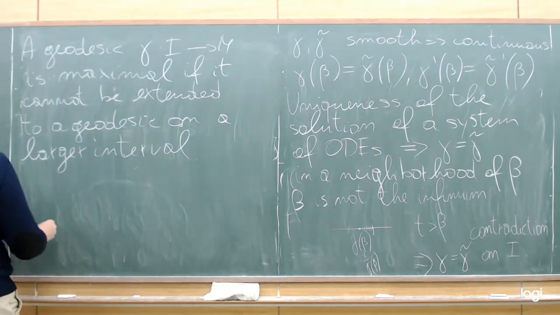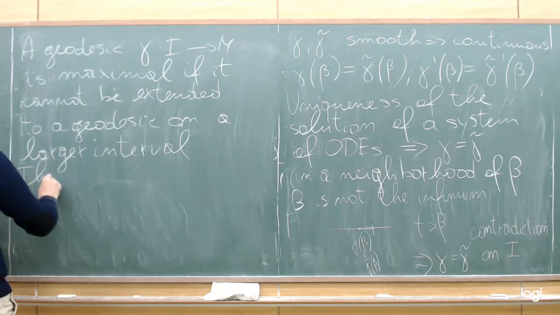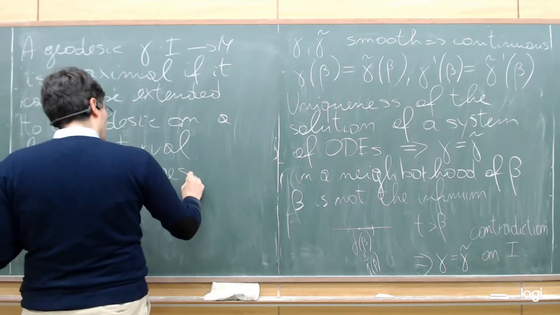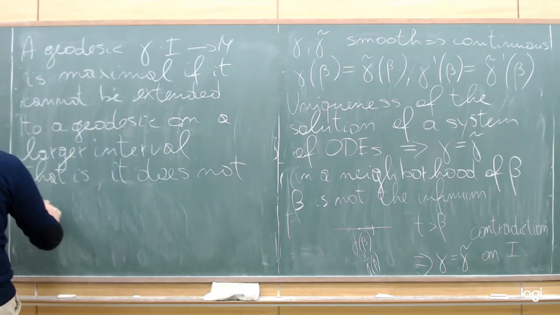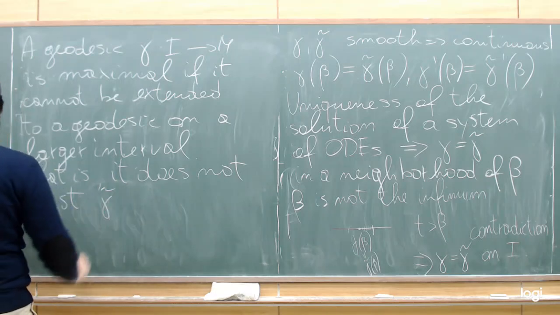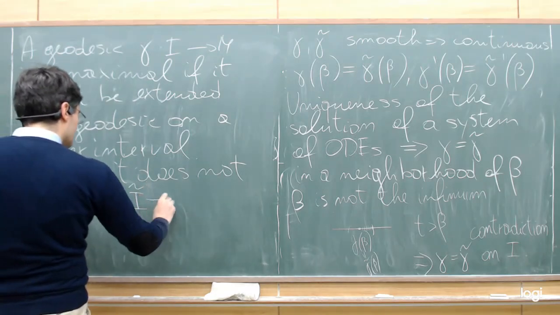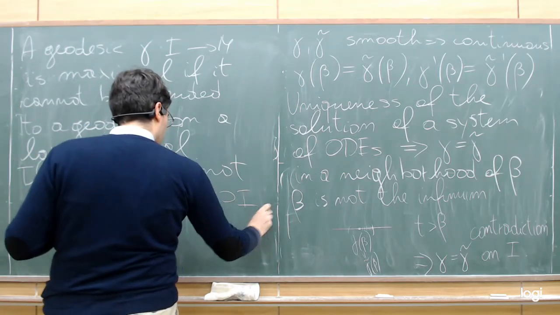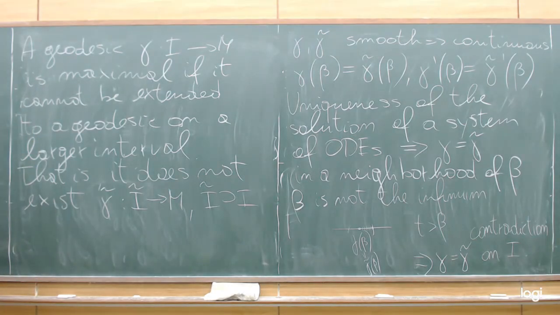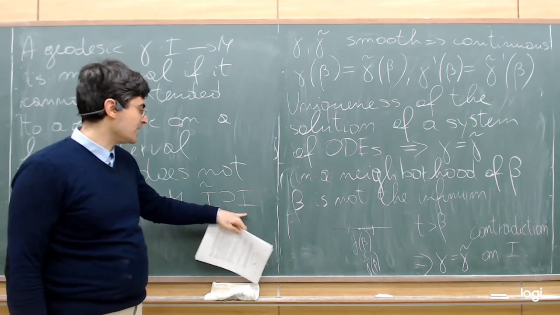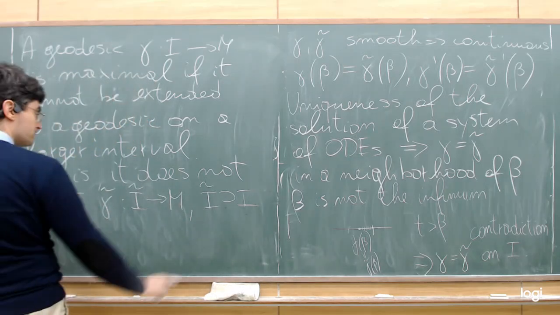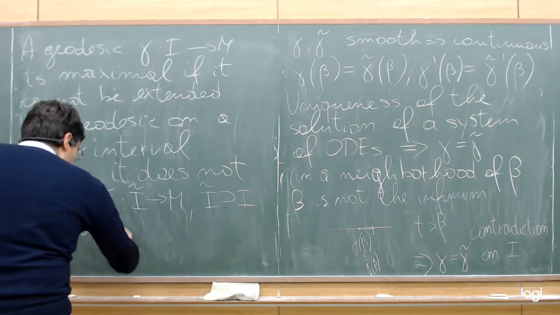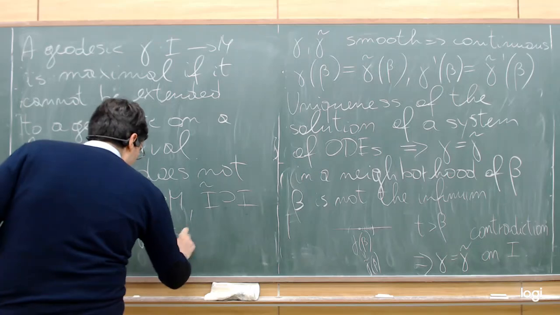In other terms, there does not exist gamma tilde defined on I tilde, which is an interval containing I properly, such that gamma tilde restricted to I is gamma.